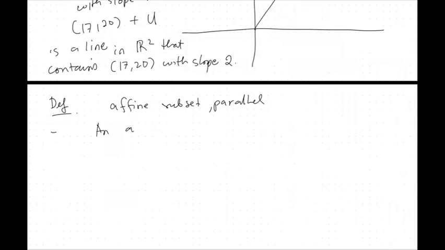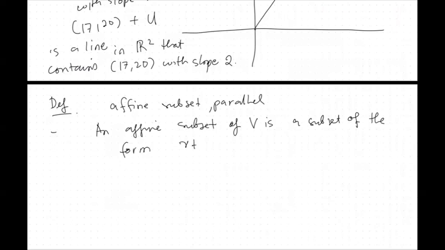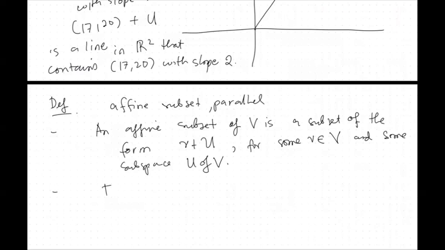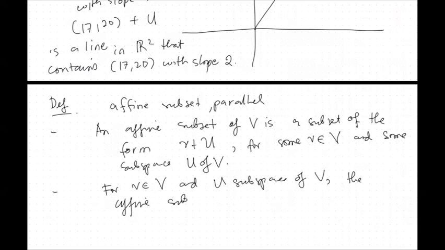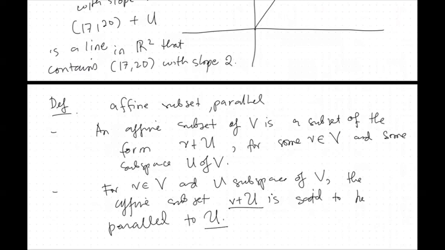First, an affine subset of V is a subset of the form v + U for some v in the vector space V and some subspace U of V. For an element v in V and U a subspace of V, the affine subset v + U is said to be parallel to the subset U. So v + U and U are parallel.